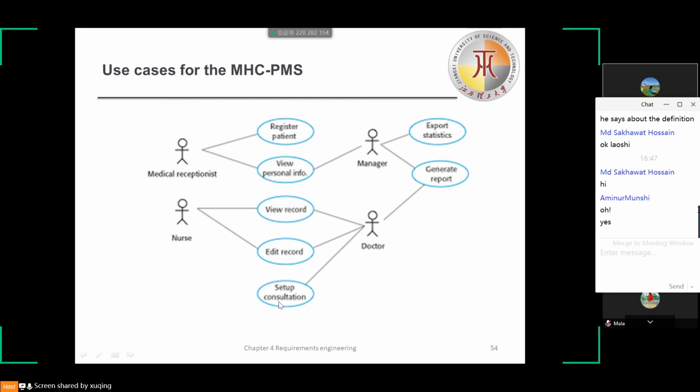We may say that setup consultation allows two or more doctors working in different offices to view the same record at the same time. One doctor initiates the consultation by choosing the people involved from a menu of doctors who are online.